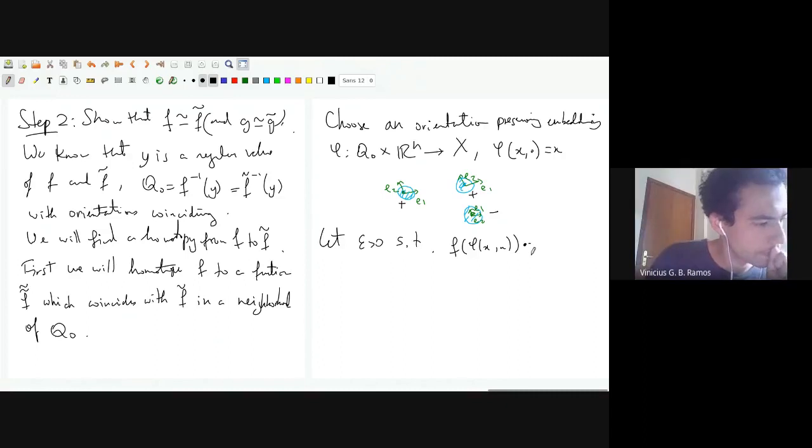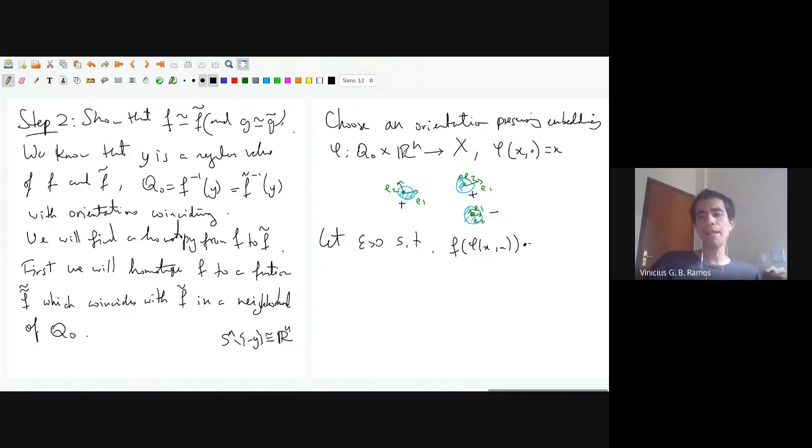Actually, what I'm going to do is, in small enough neighborhoods of y, I can interpret my Sn minus y, again, using a stereographic projection onto Rn.